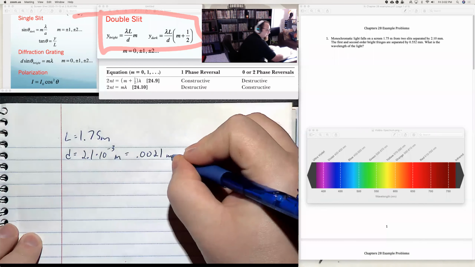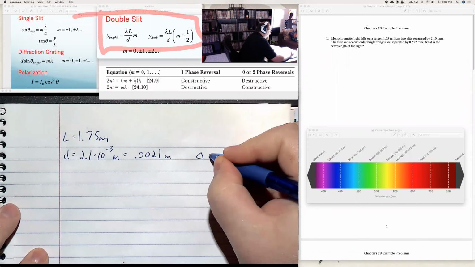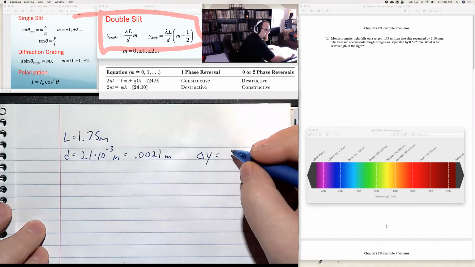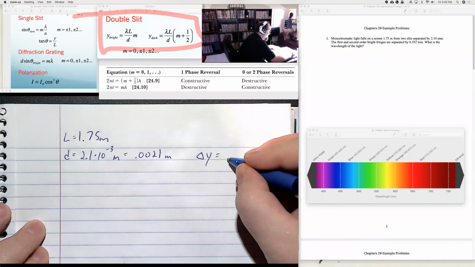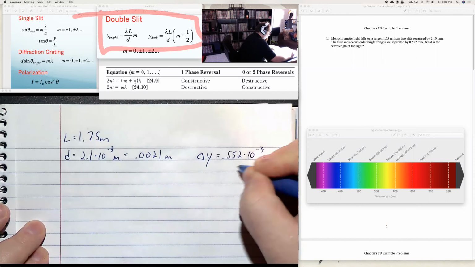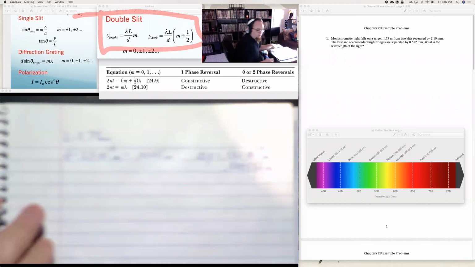meters. The first and second order bright fringes are separated by 0.552. That means the distance between the first and the second. The change in y would be where the slit is, but we're saying there's a change in y of 0.552 times 10 to the negative third meters, or 0.000552 meters.